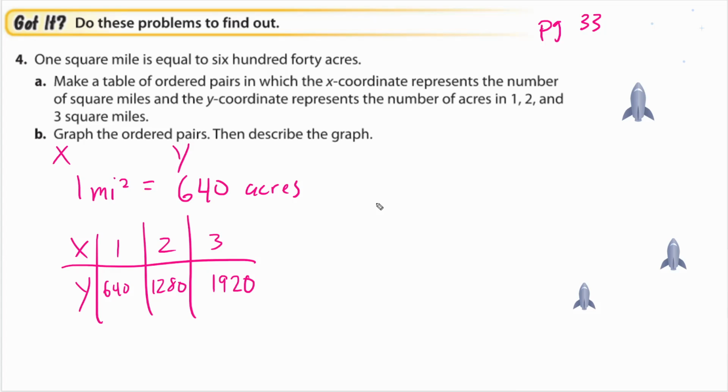Graph the ordered pairs, then describe the graph. Okay, so in a graph, we don't have to just use 1 for every tick mark, right? We can change the tick marks to whatever we want. So for example, the x's can be 1, 2, and 3, and then the y's can be a different number. But actually, we don't even need to draw so much of the negative numbers, because we don't use the negative numbers.